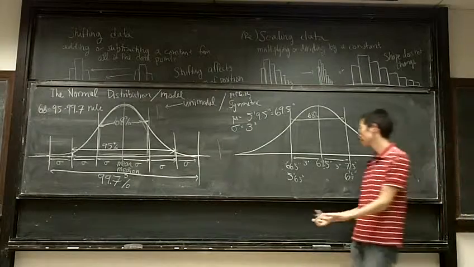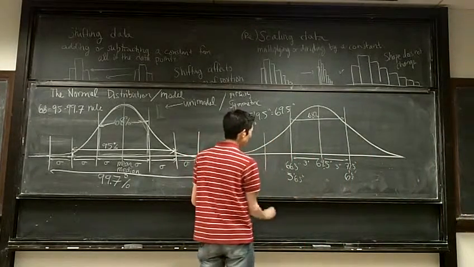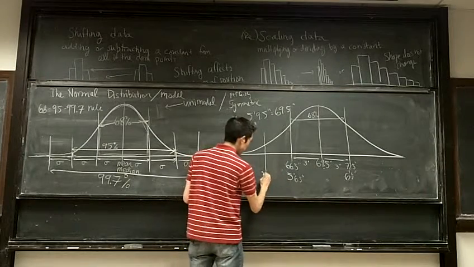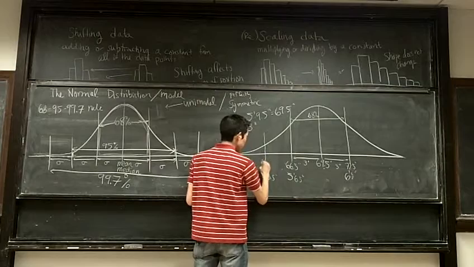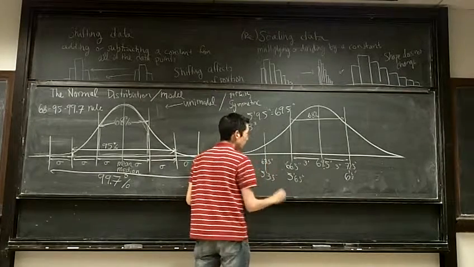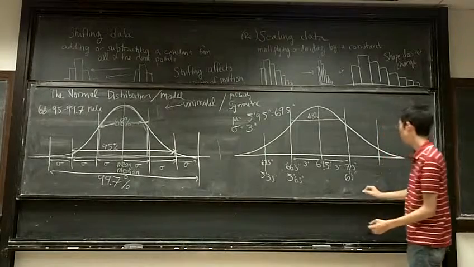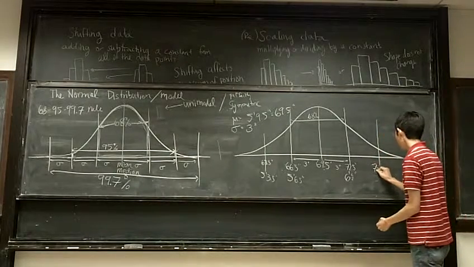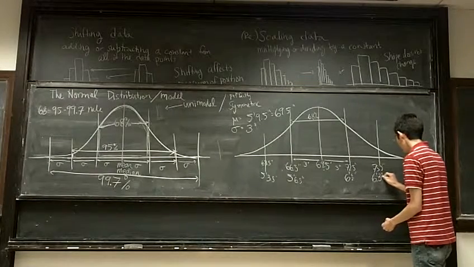And if we go out another standard deviation, this takes us down to 5 foot 3.5 inches, or 63.5 inches, and up to 75.5 inches, or 6 foot 3.5 inches.